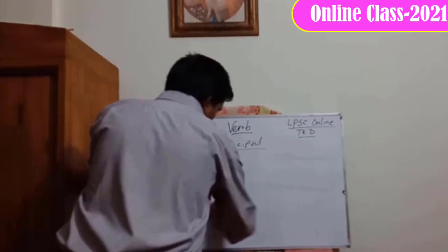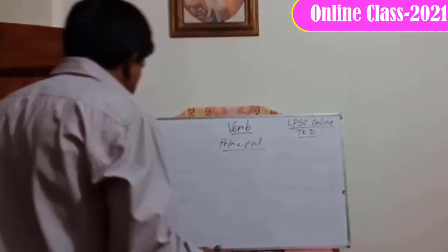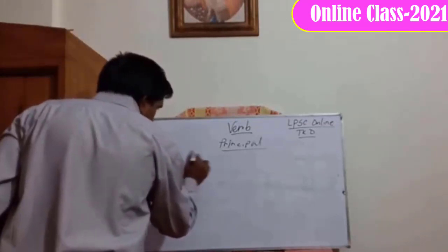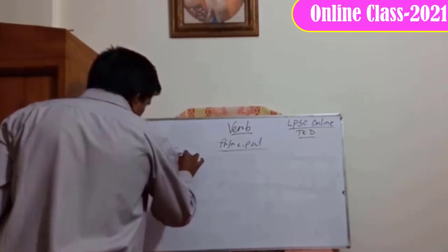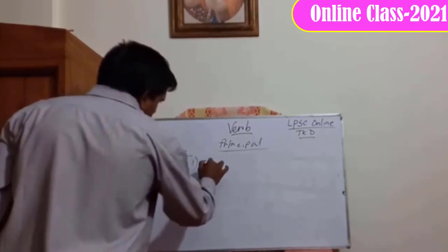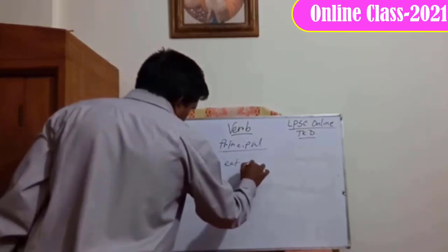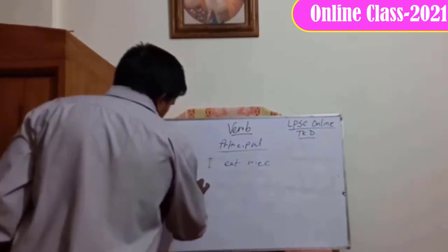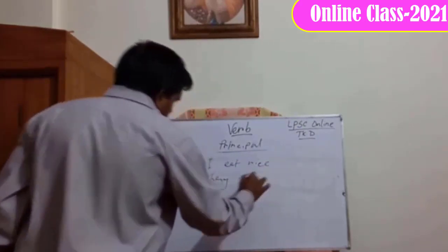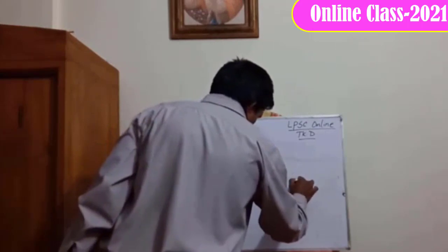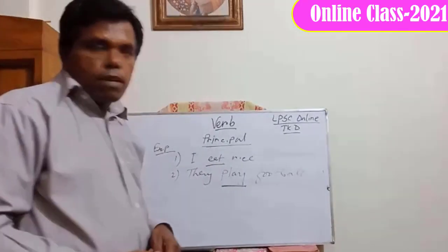I told you before that all other things you will get in the video as a picture. Okay, so that is an example. Suppose, I eat rice, they play football. Okay, we'll give the example of this principal verb.